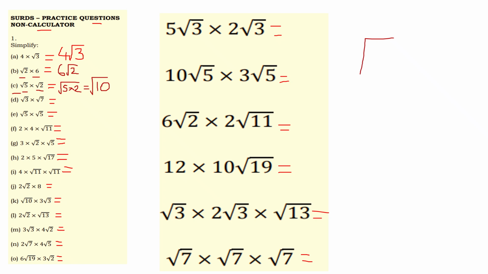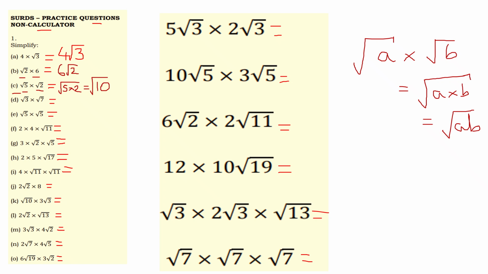When I have root A multiplied by root B, I can combine it into one square root, root AB. Again, this can be extended to cube roots, fourth roots, etc.